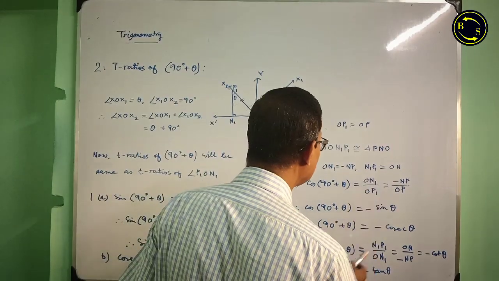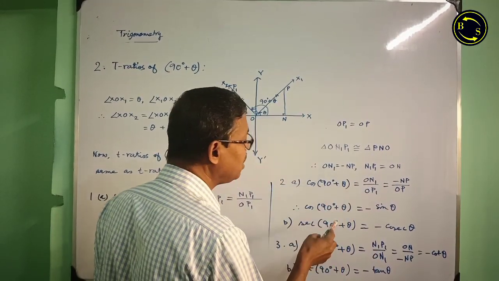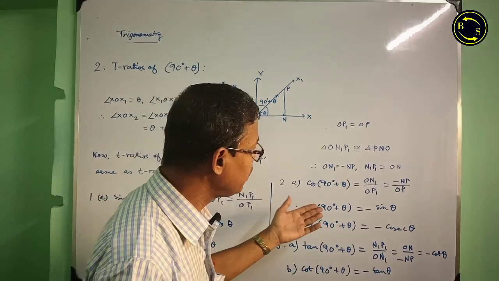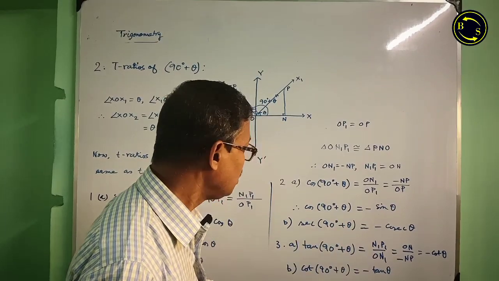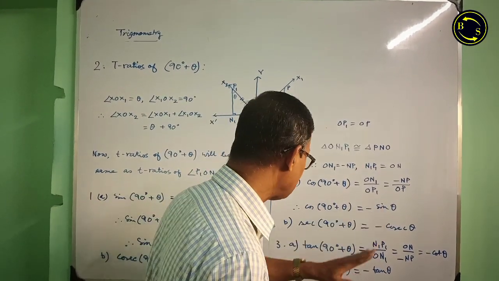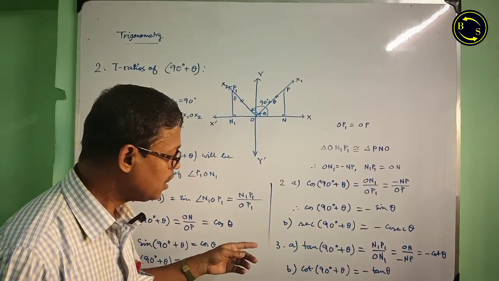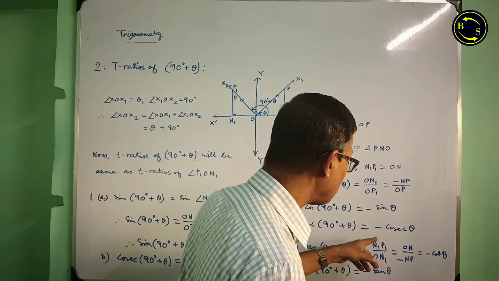Now, ON1 will be equal in length to NP, but as per sign convention, it will be minus NP by OP. Finally, cos of 90 degree plus theta will be equal to minus sin theta. Similarly, we can find sec of 90 degree plus theta, that will be equal to minus cosec theta.